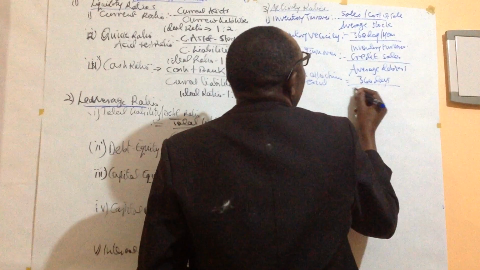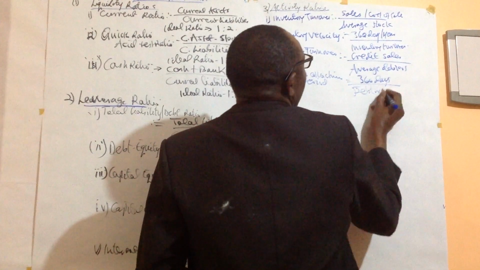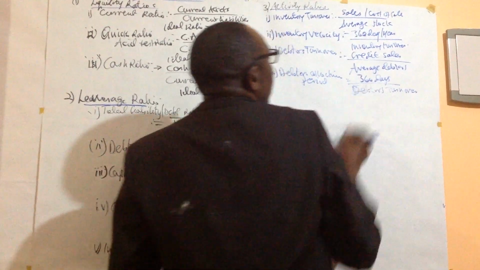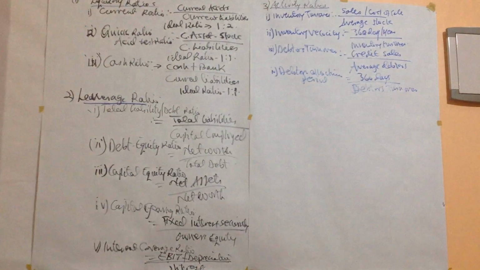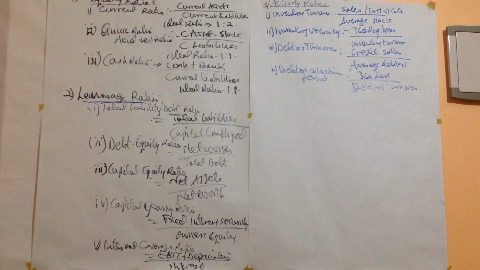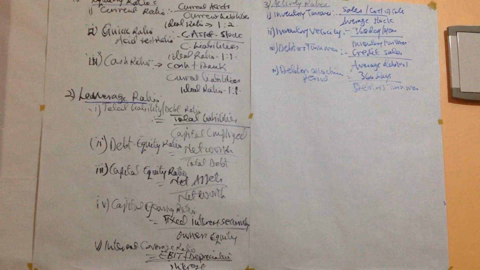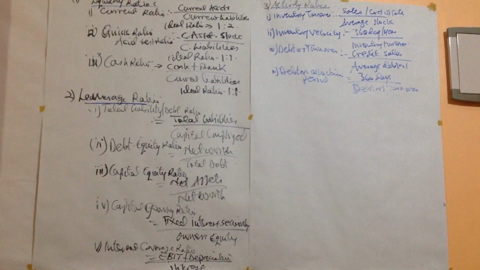Using whatever we shall have calculated there, we divide it into the number of days in a year to give us the collection period.